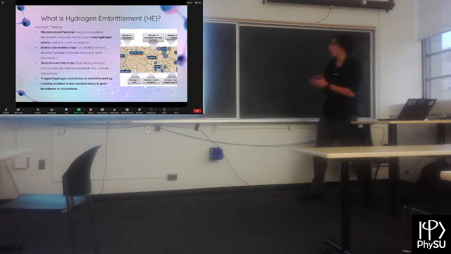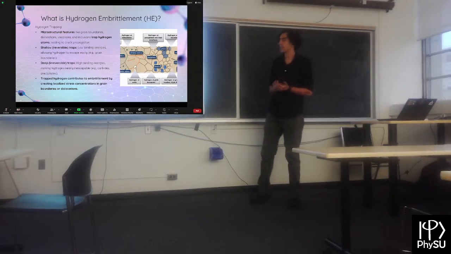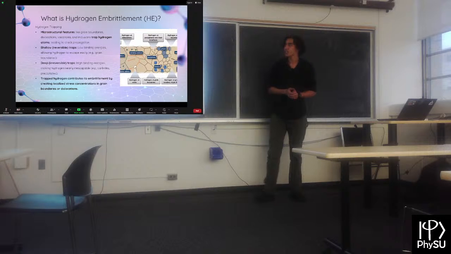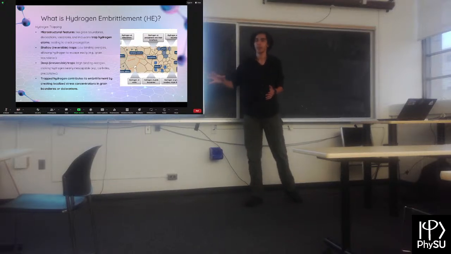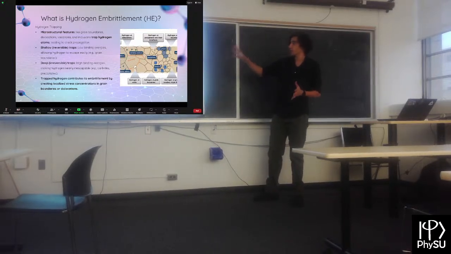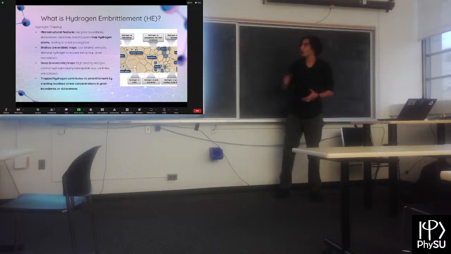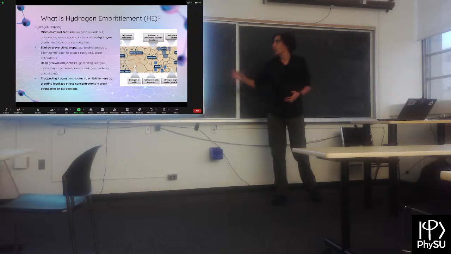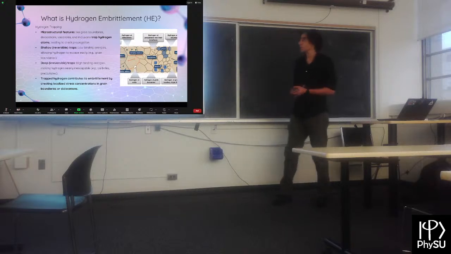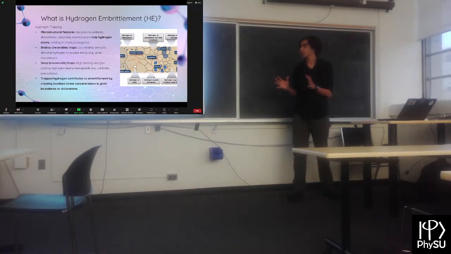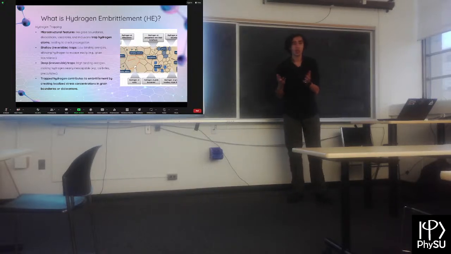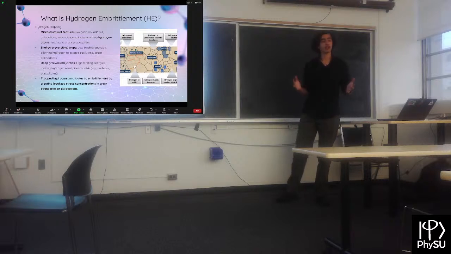Now, the main concept behind why hydrogen embrittlement happens is mainly hydrogen trapping, where microstructural features that I mentioned, grain boundaries, dislocations, we also have vacancies and inclusions, all of these trap hydrogen atoms, leading to crack propagation. So we have two different types of traps within a metal. We have shallow traps, or reversible ones, which allow hydrogen to escape pretty easily.